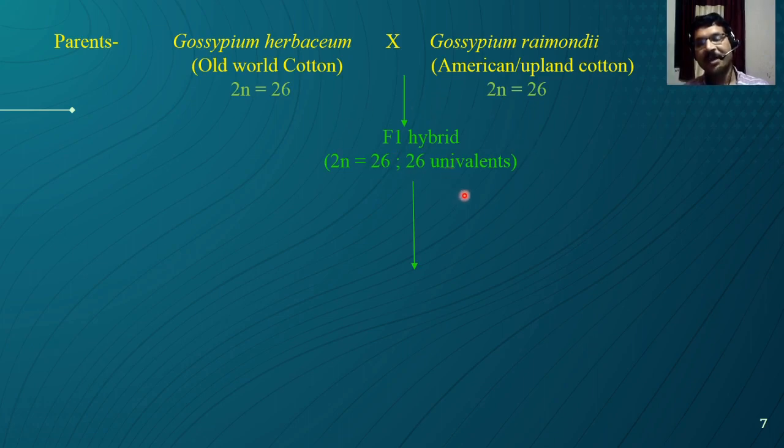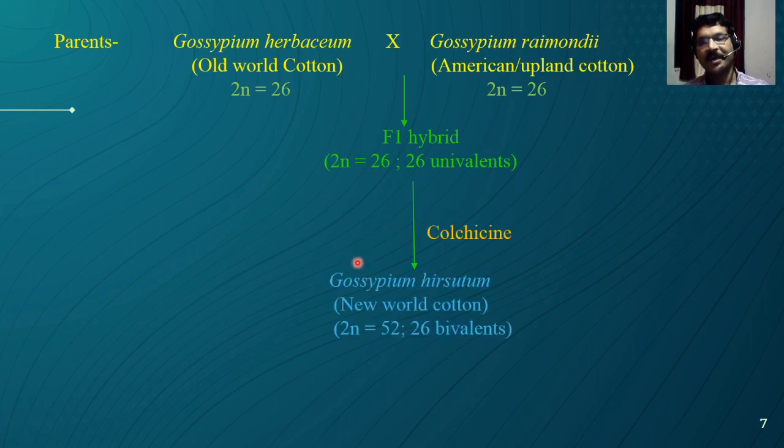But when we give colchicine treatment to F1 hybrids, what happens? You can see here, they will produce a variety, Gossypium hirsutum, which is known as New World cotton. It is a tetraploid variety because it contains 2n equal to 52, meaning 52 chromosomes have been found.